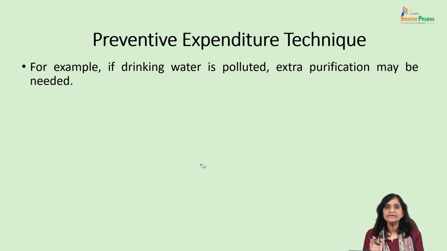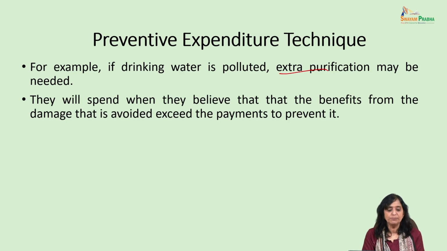Similarly, at the city level, the municipal corporations install water purification systems. So if drinking water is polluted, we require extra purification to be done. This means we spend when we believe that the benefits from cleaning the water are more than the cost I am going to incur to clean the water.